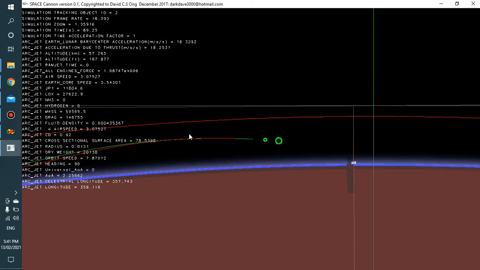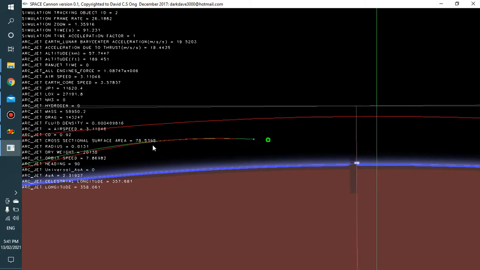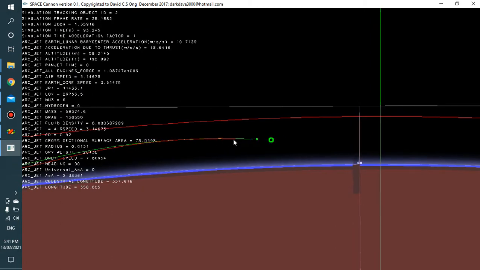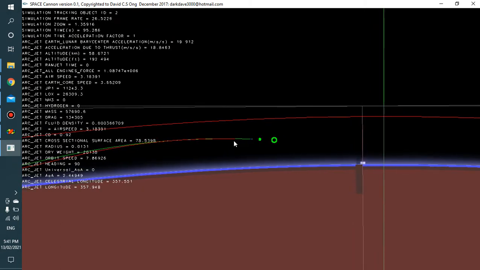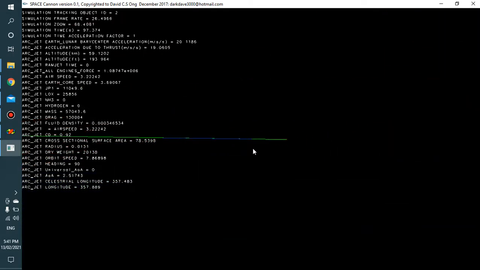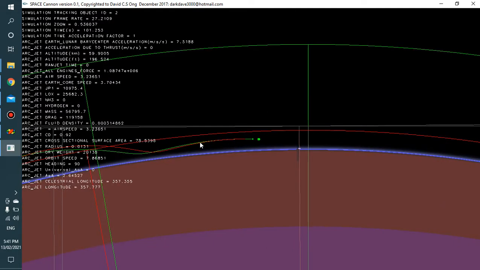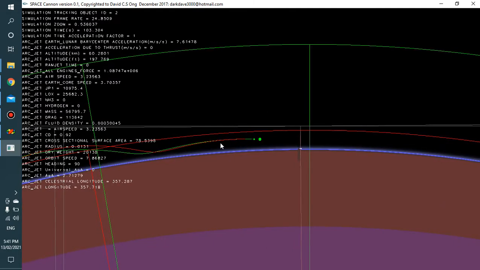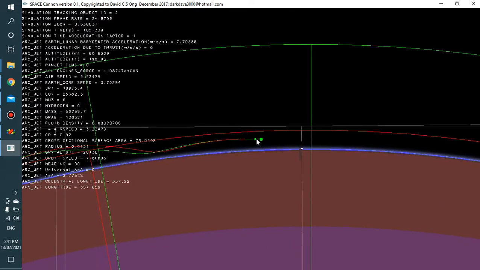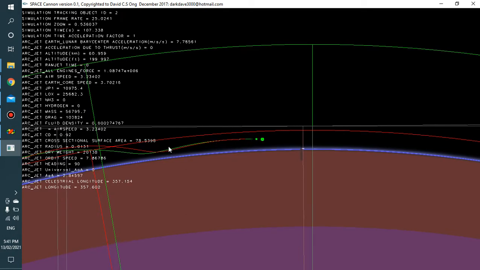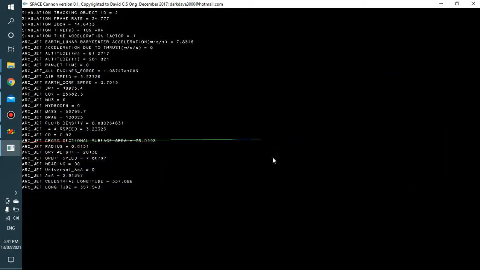Now these two lines, the red line and the green line, are our trajectory. So if I was to switch off our engines right now, this aircraft will follow the trajectory, like a non-powered ballistic object. But we need to keep our rockets on.